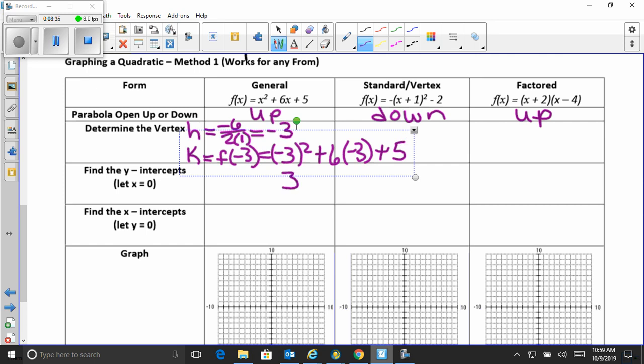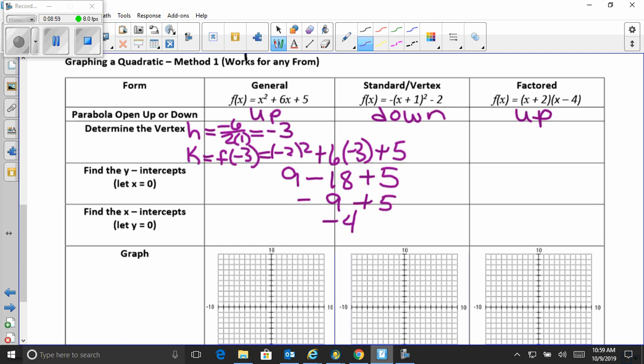So our vertex ends up being, let me double check that, because I changed the problem. Let's actually do the math, because I changed the problem. So 9 minus 18 plus 5 is going to be -9 plus 5, which is going to be a negative 4. I'll change that on my copy, so remember.